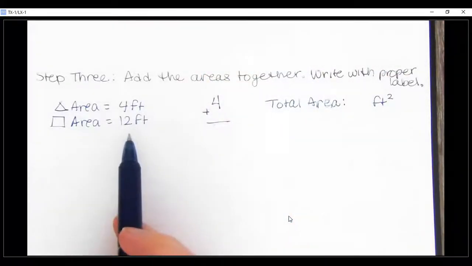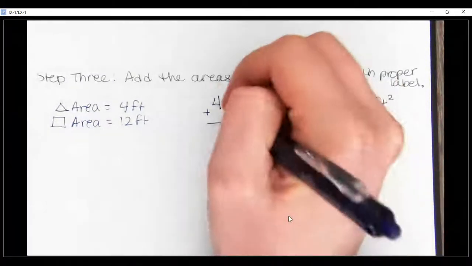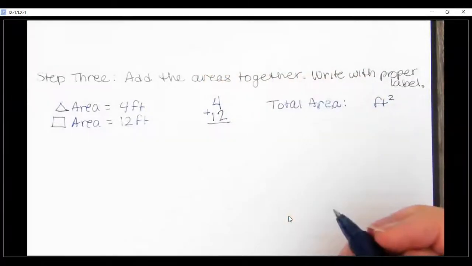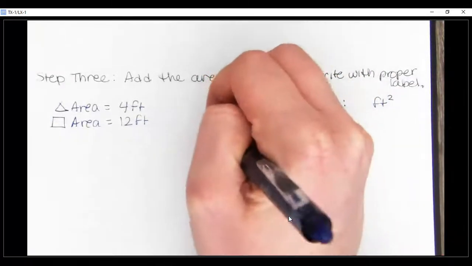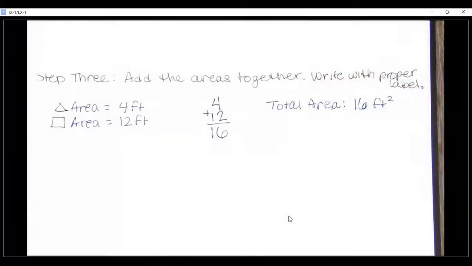And then we did base times height, 3 times 4, to get the area of our rectangle, and that equaled 12. Add those together. 4 plus 12 does equal 16. So the total area of that figure is going to be 16 feet squared.